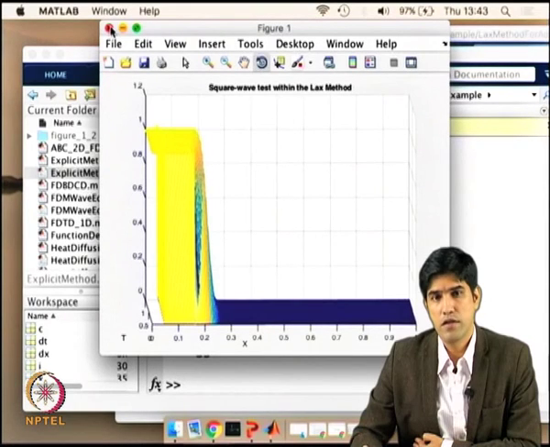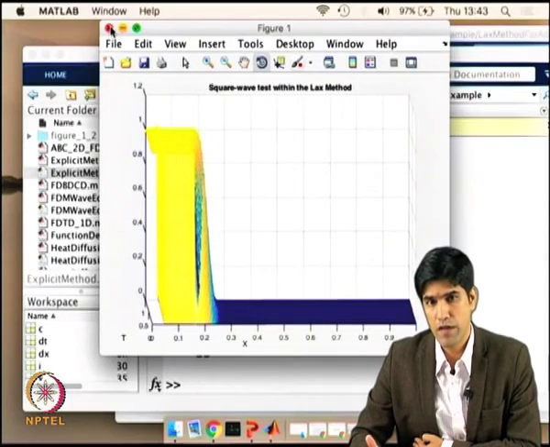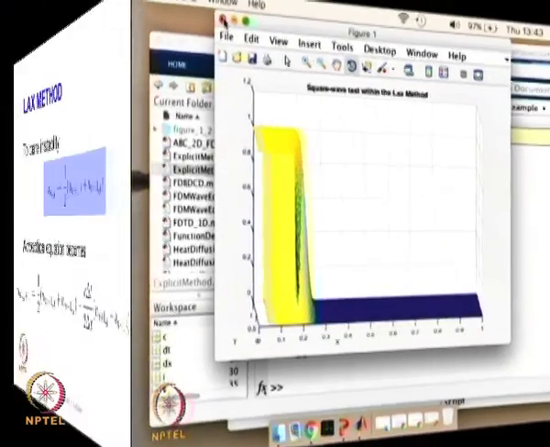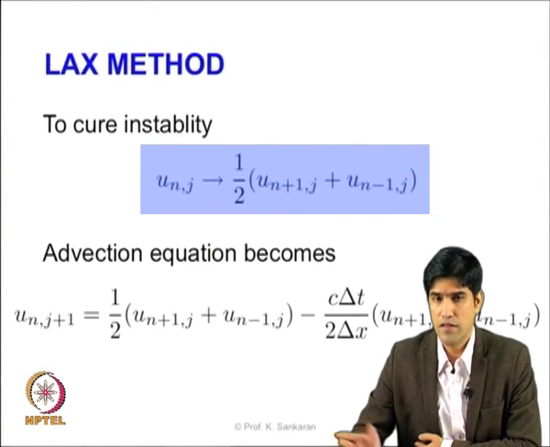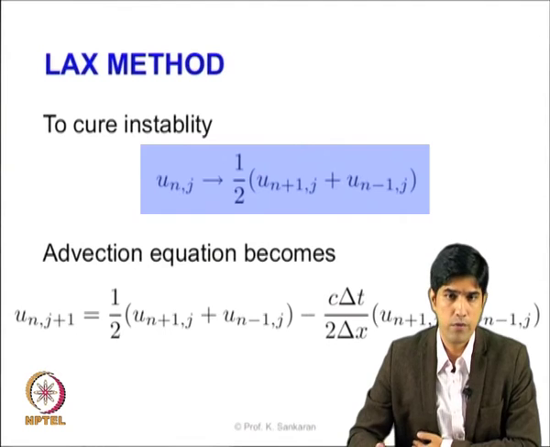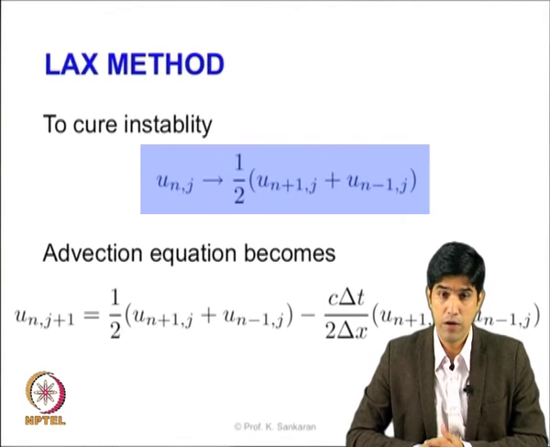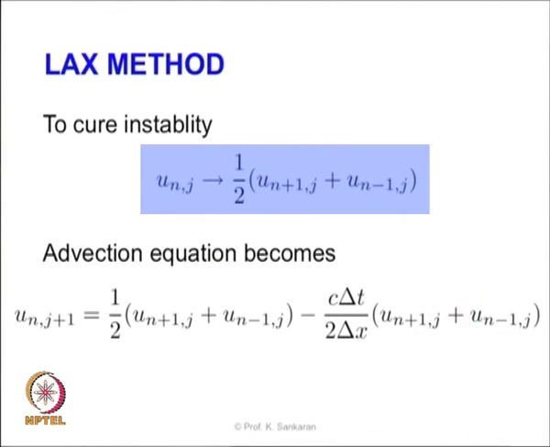We can solve the instability issue that is inherent in the forward in time centered in space scheme using some clever way of averaging the field variables at different points in space, and that is what the Lax method has shown us. So it enables us to run the simulation for even bigger values of r.